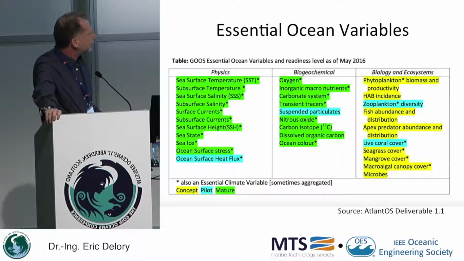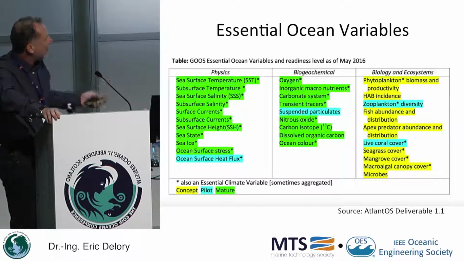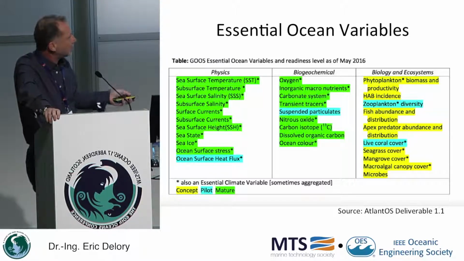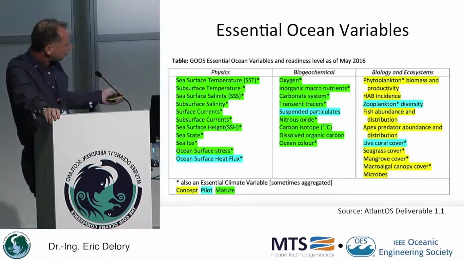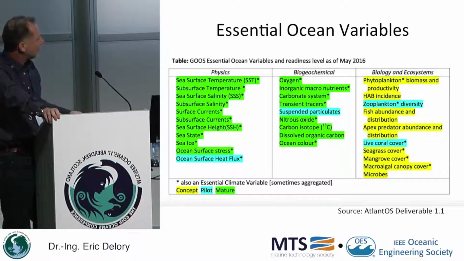So this is an example of the type of classification we have in essential ocean variables, which is here the physical, biogeochemical, biology, and ecosystems, and whether they are at conceptual stage in terms of maturity, pilot phase, or mature.